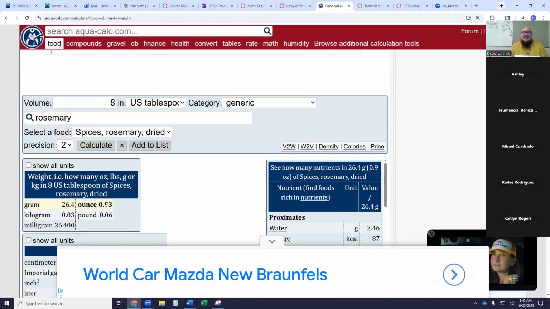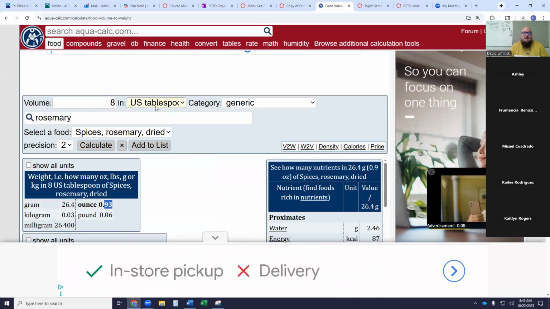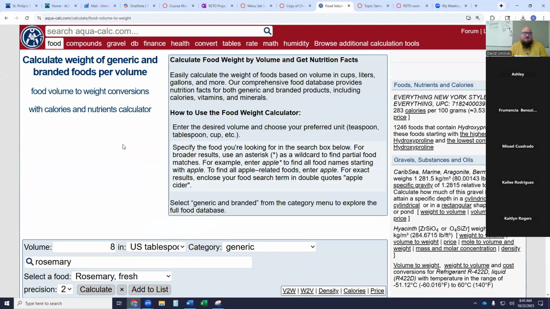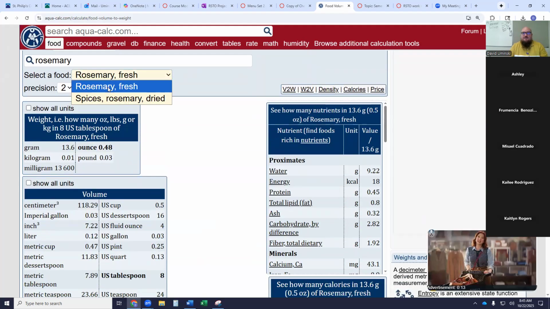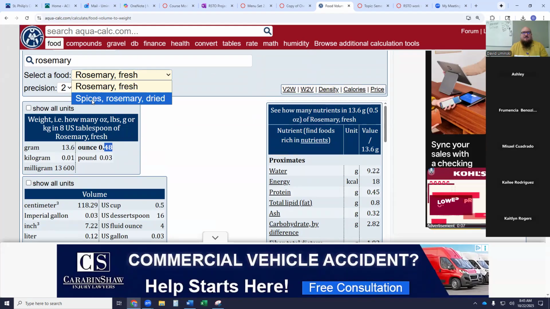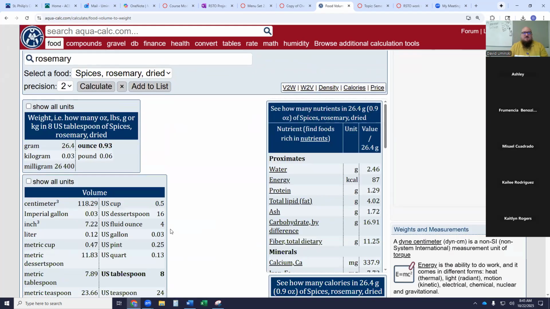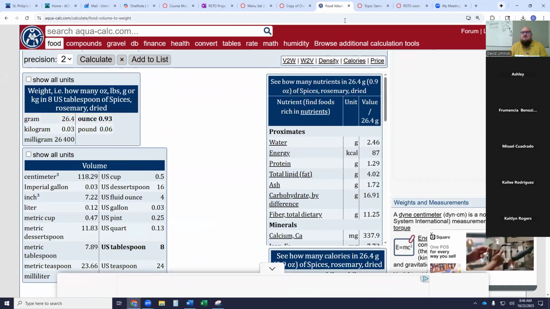I'm showing 0.93 ounces. And so let's look at, yeah, so here you had it still at fresh rosemary. So that's where that 0.48 comes in. But because the recipe is asking for dried rosemary, we want to make sure we switch to that. And so that's 0.93 ounces.